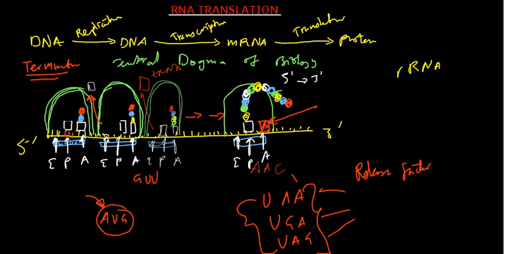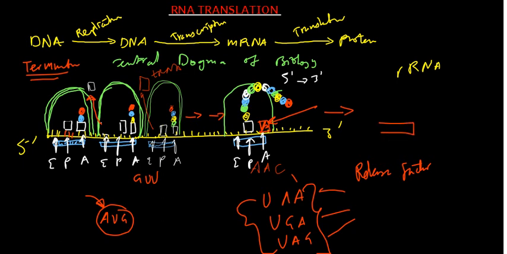When the release factor binds to the A site, this will cause the polypeptide chain to break off the tRNA which is in the P site. And when it does break off, the ribosome complex will disassociate.